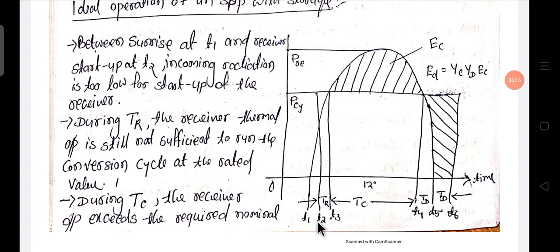And during TC, the receiver output exceeds the required nominal. In TC, this is the peak time of a day, where the sun radiation is very high, and at that time the receiver output exceeds the required nominal.